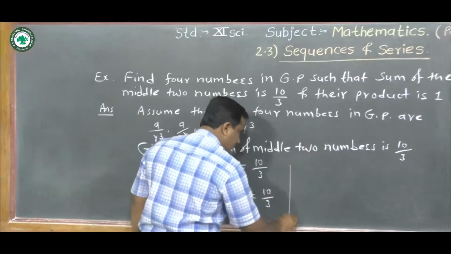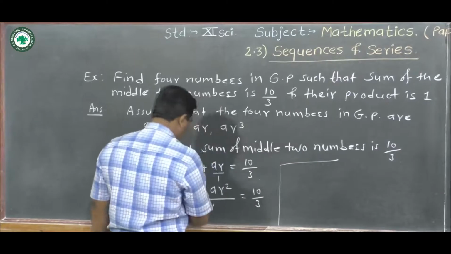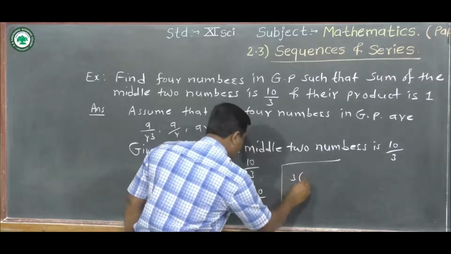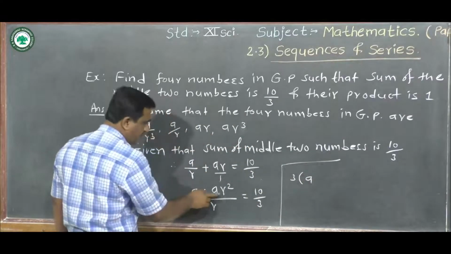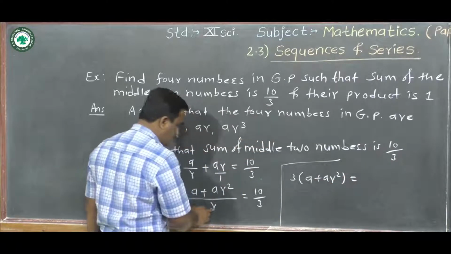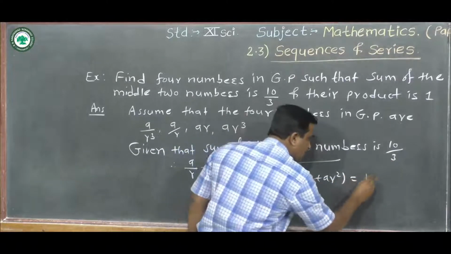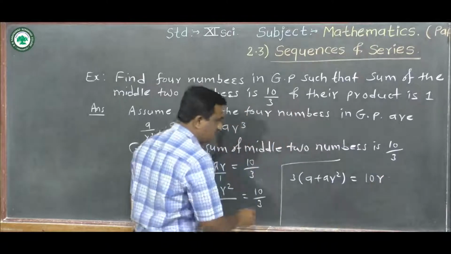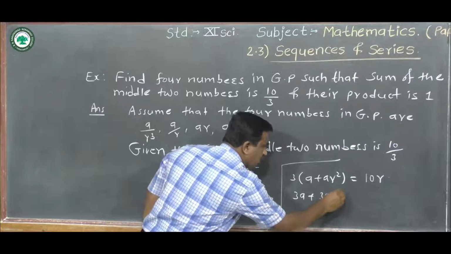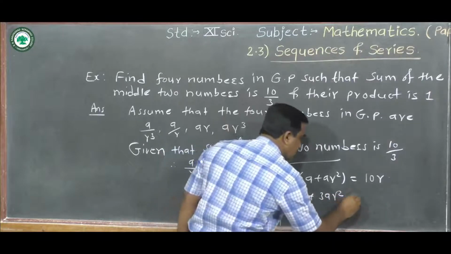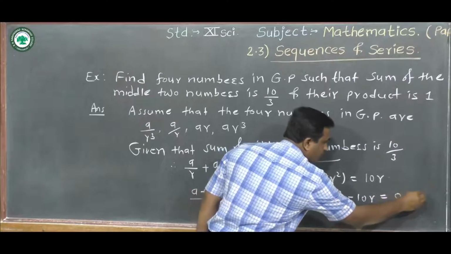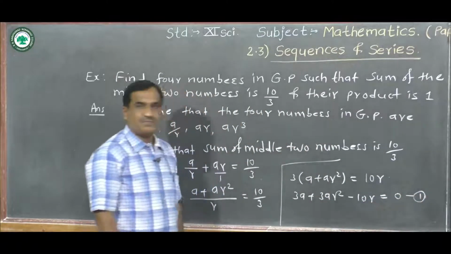That is, 3 into a plus ar square is equal to 10r, that is 3a plus 3ar square minus 10r is equal to 0. So this is equation number first.